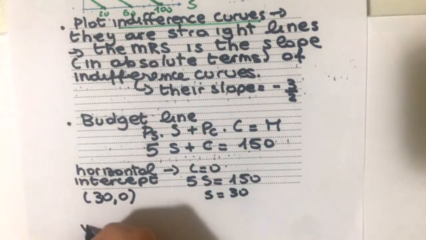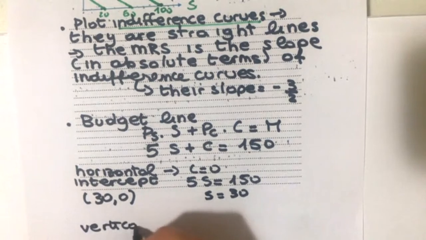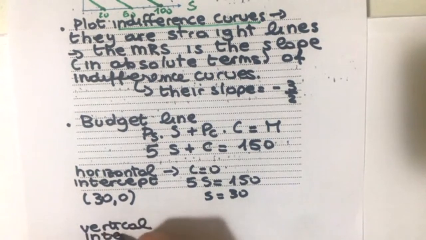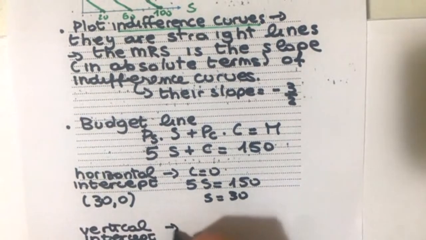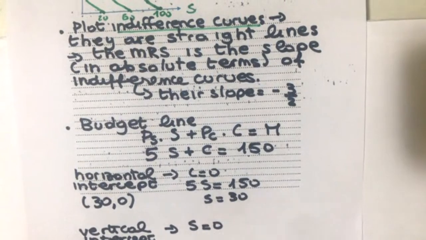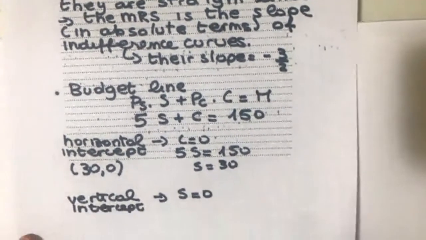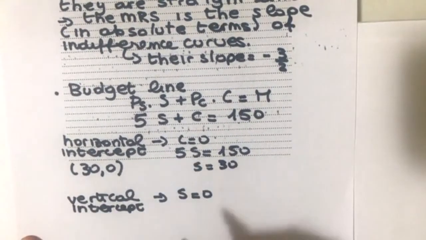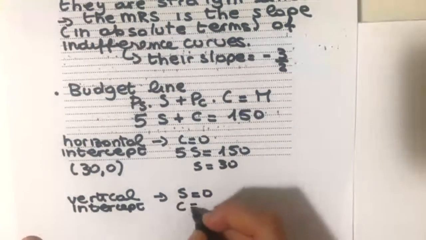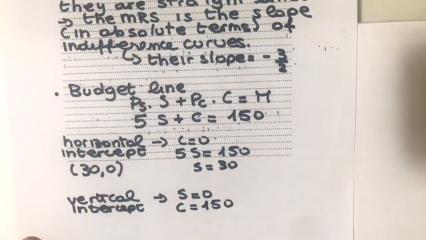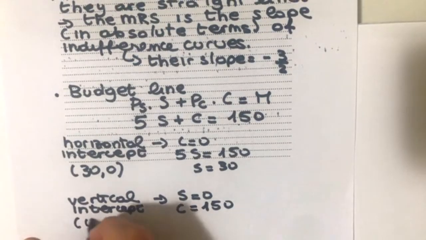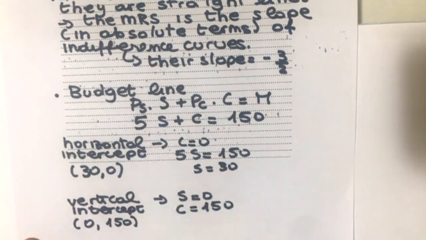And now we move to the vertical intercept, which we can find by putting S equal to 0. Always substituting into the budget line, we are left with C equal 150. So the vertical intercept is 0, 150.